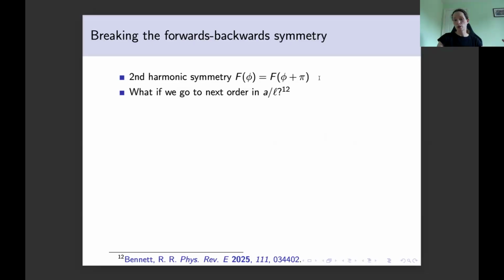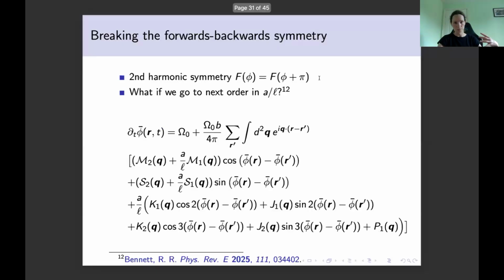But if you go to the next order in a over L, so you start to resolve the size of the trajectories that my neighbors are going around, then if they are slightly different distances from me, that gives a symmetry breaking effect. And we can do all the same steps again. So the same coarse graining steps, which involve the time averaging, but this time we just expand to higher order in the trajectory size. Then what happens is we end up picking up terms that include the first harmonic.